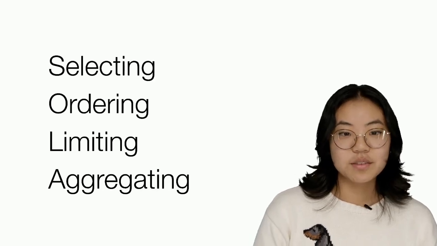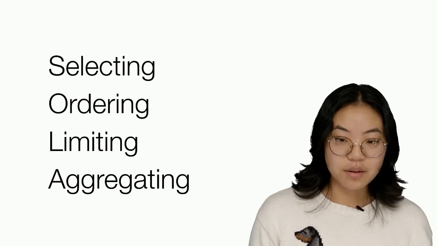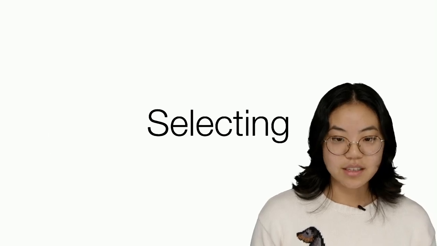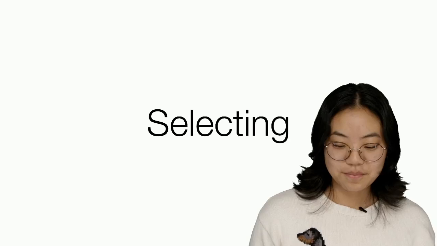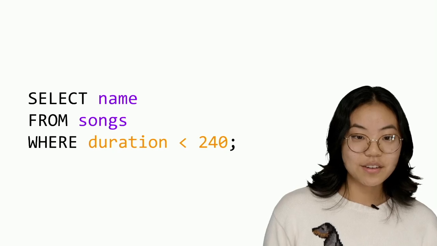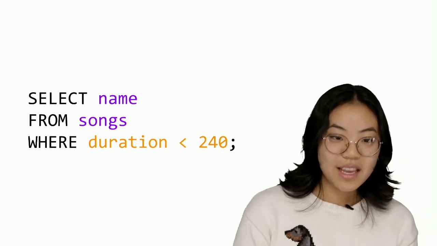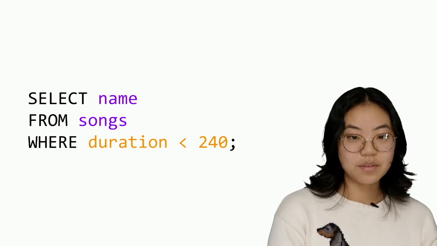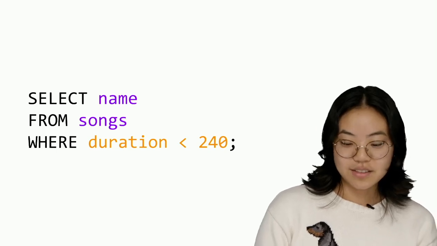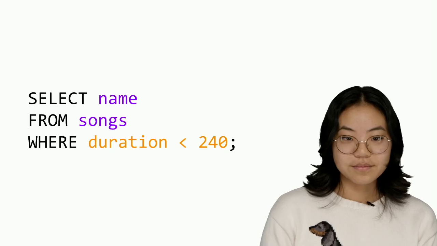And so that might be what we call a one-to-many relationship. Okay, so here are some things that we're going to talk about when it comes to crafting select queries. First, we're just going to talk about selecting. Let's say I wanted to get all the names from the songs table where the duration of that song is less than 240.